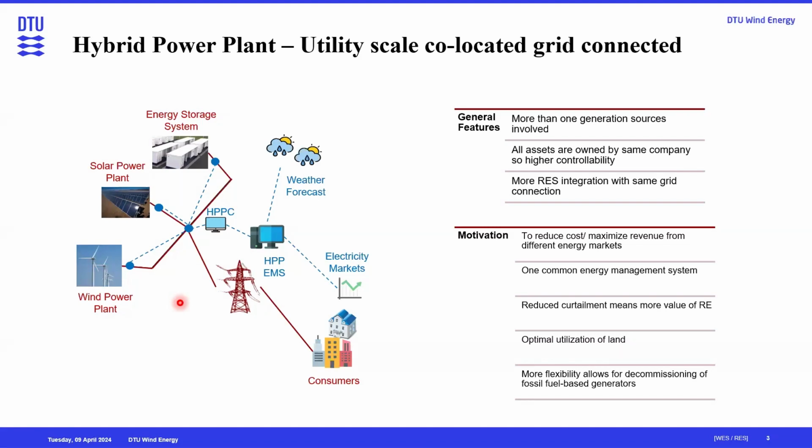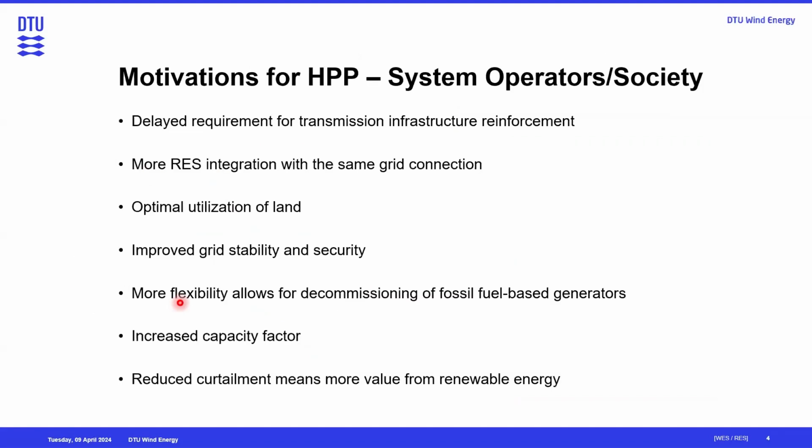That's a major win toward green transition. That's the second point as well. With more renewable integration on the same grid connection, you get optimal utilization of the land, so you can start putting them closer. And if a single developer is developing it, you reduce the wastage of land.